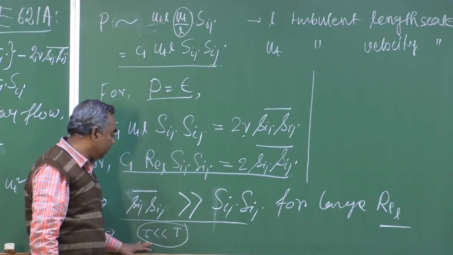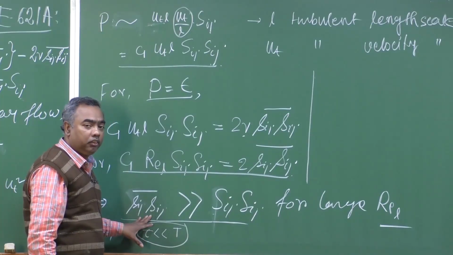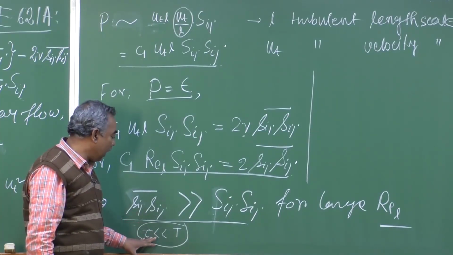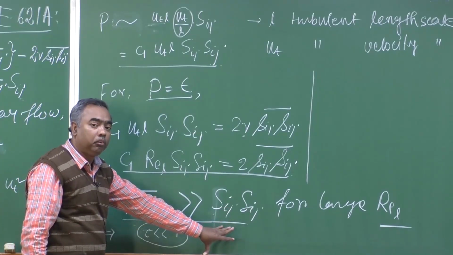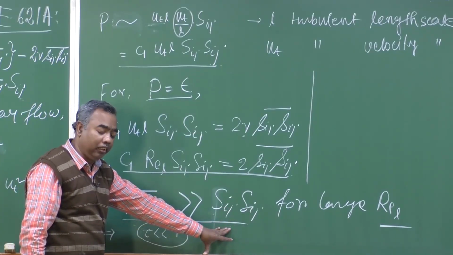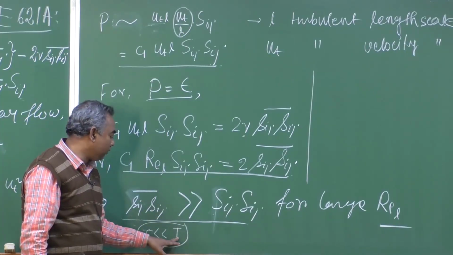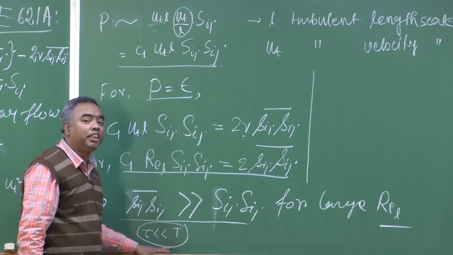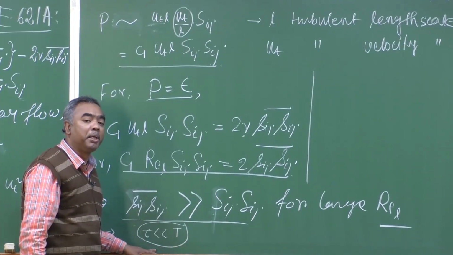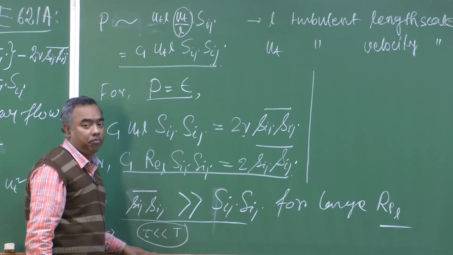You see that small scale turbulence and the large scale, which is of the order of the mean flow time scale, are not tuned; their frequency is way apart.